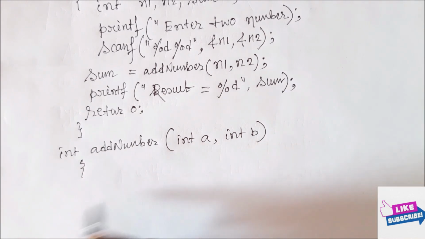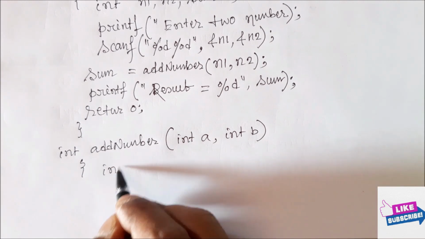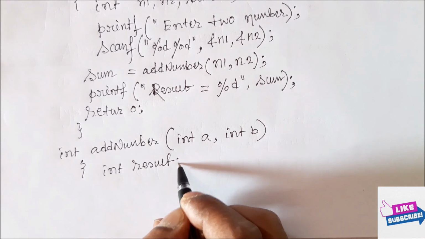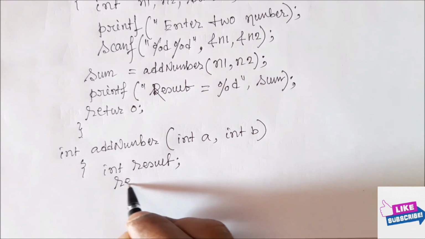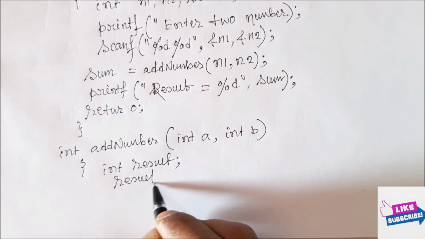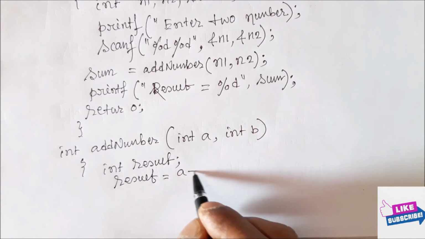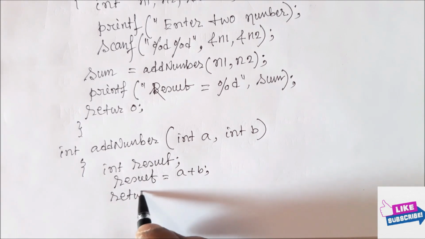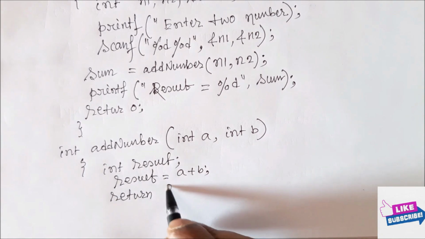Then that is my logic. I have just used int result, a local variable, then result equal to a plus b, and I will return the result.